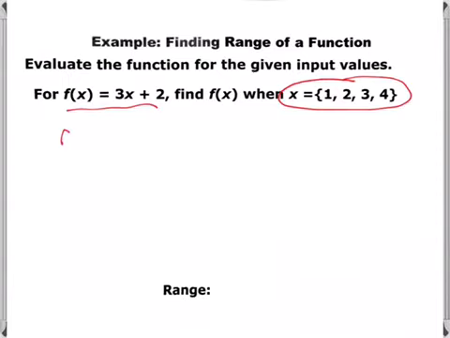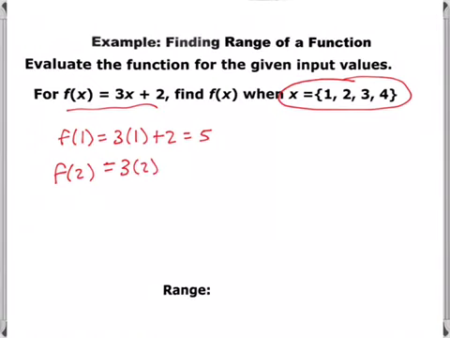So in this case, we start with 1. We get 3 times 1 plus 2, which gives us 5. Then we move on to 2, and we plug in 2 for x. So we've got 3 times 2 is 6, plus 2 is 8. And so on, we plug in 3 for x.